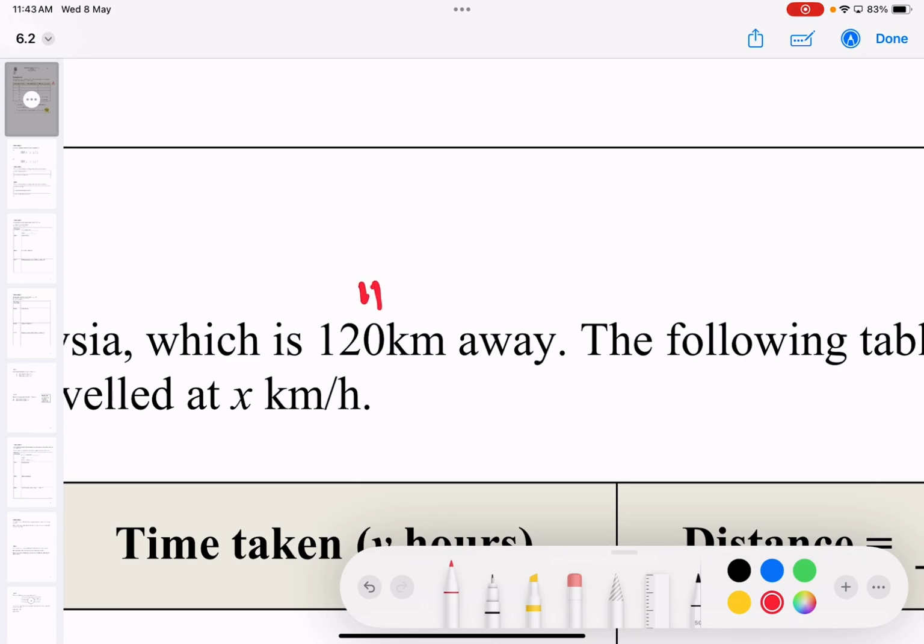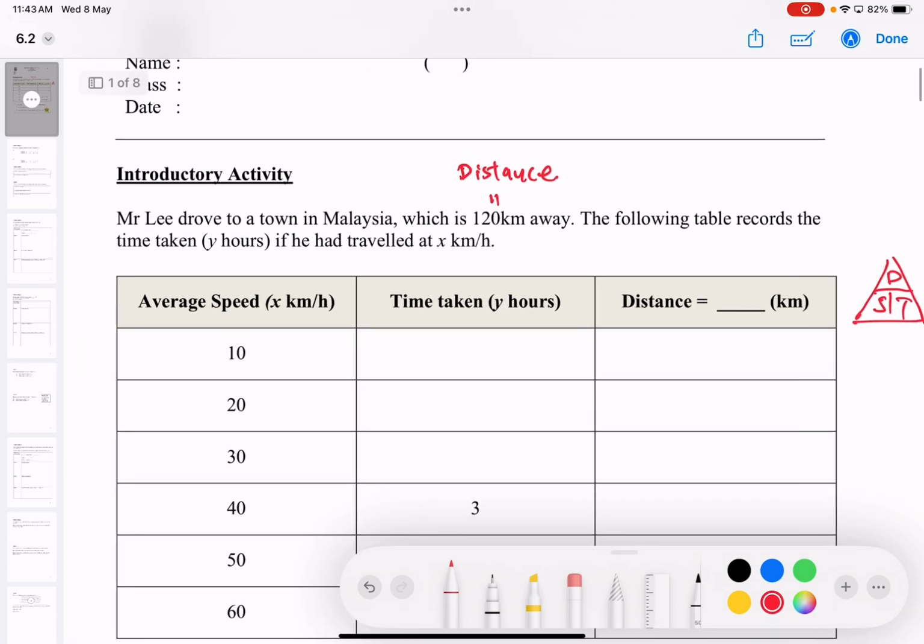Distance, speed, or time? Distance. Great, so let us write down this is our distance. Now, I need to fill in my time taken over here. So what is the formula for me to calculate the time taken? What's the formula?